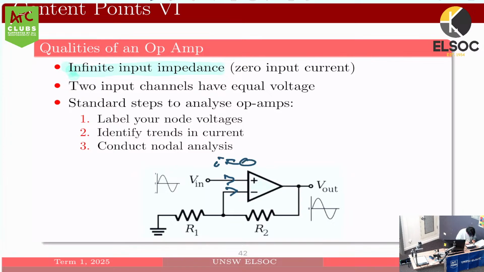So the current flowing from ground through R1 is going to be the same into this node we'll call V, which will be the same as V going into V out. And the second one is that the two input channels will have the exact same voltage. So if V in here is equal to 5 volts, this V down here, V1, would also be equal to 5 volts.